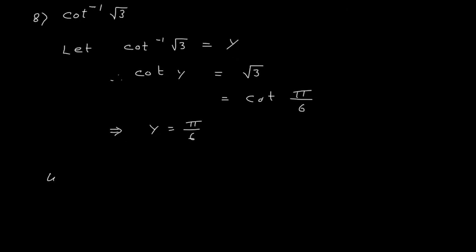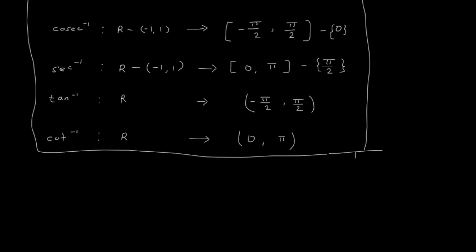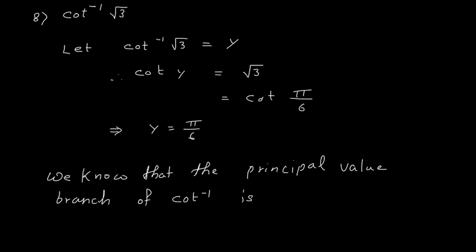We know that the principal value branch of cot inverse is 0 to pi.